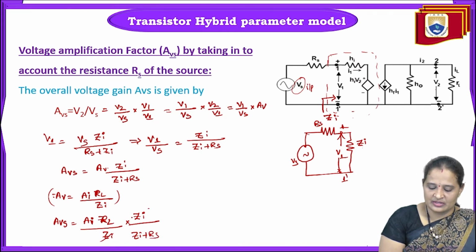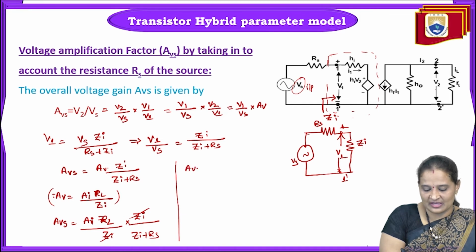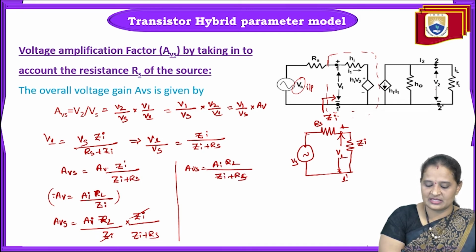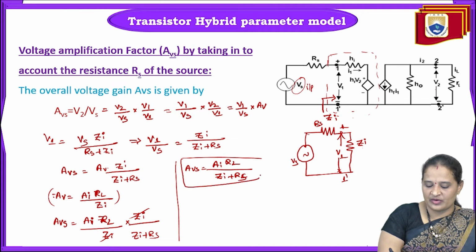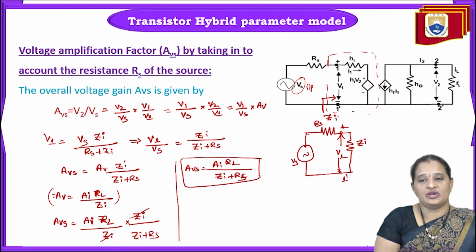The Zi cancels. So the equation for AVS is given by AI into RL divided by Zi plus Rs. This is the equation for overall voltage gain.